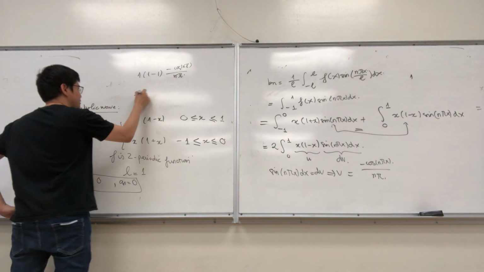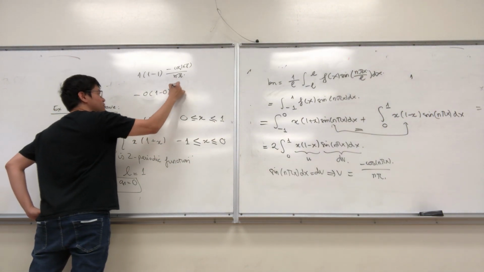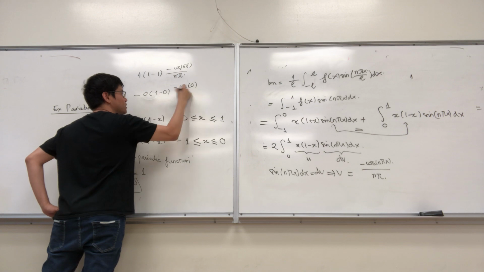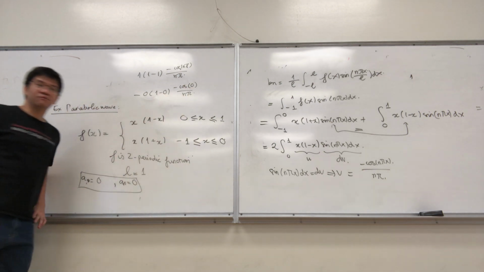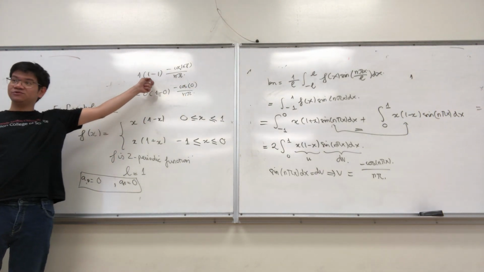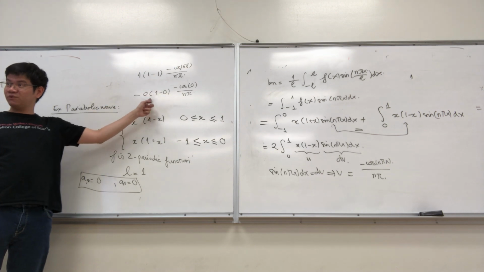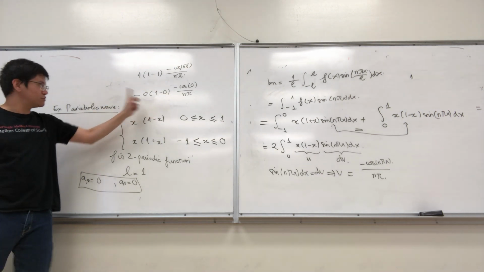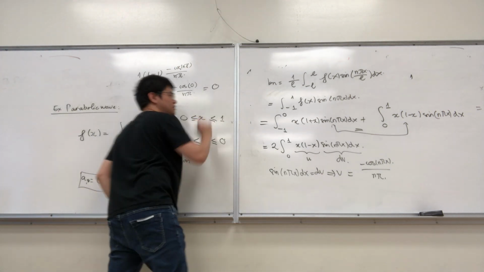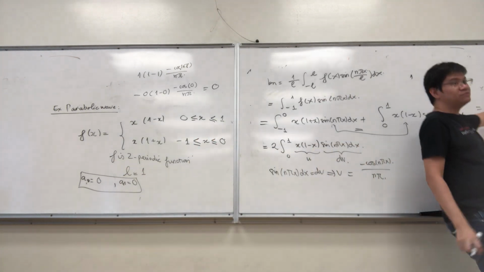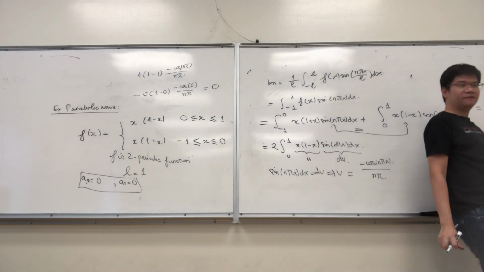And the other one will be 0, 1 minus 0, minus cosine of 0 over n pi, right? So this one will be 0 because you have 1 minus 1. And this one will also be 0 because you have 0, right? So this part will be 0, all right?